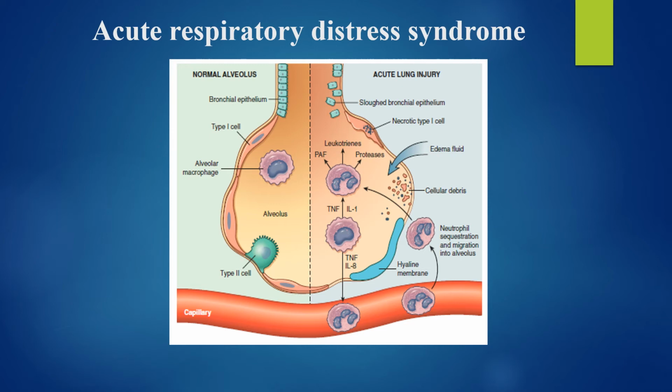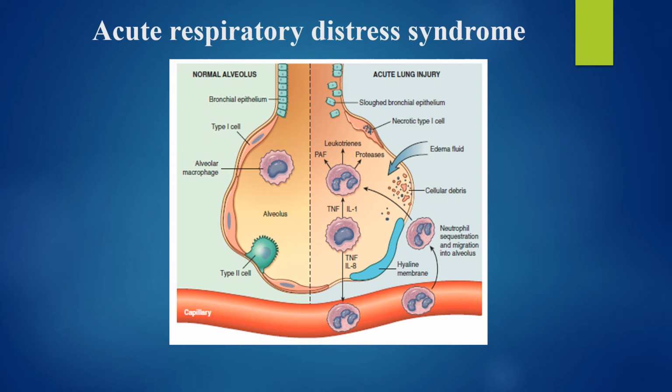Acute respiratory distress syndrome develops for various reasons, leading to pulmonary edema and acute respiratory failure. By the way, this is a very emerging problem nowadays because atypical pneumonia caused by COVID-19 is complicated by acute respiratory distress syndrome, and patients die for this reason.